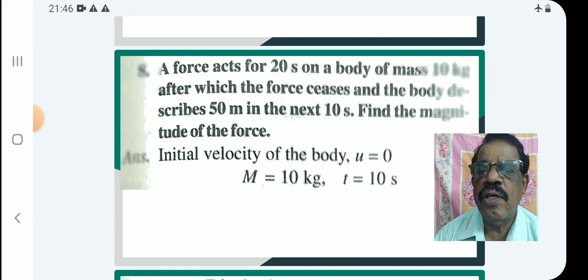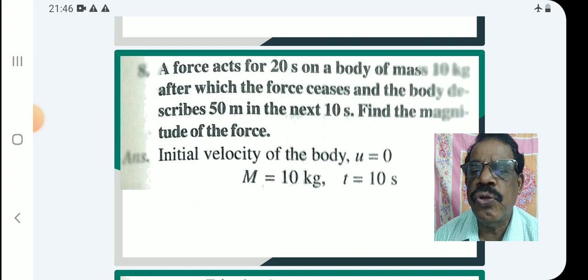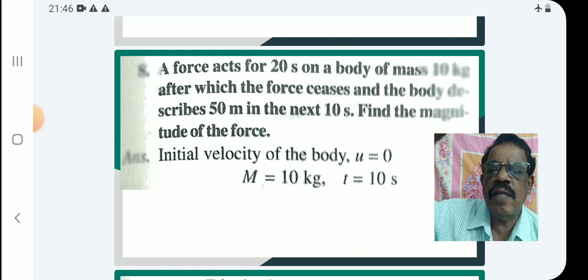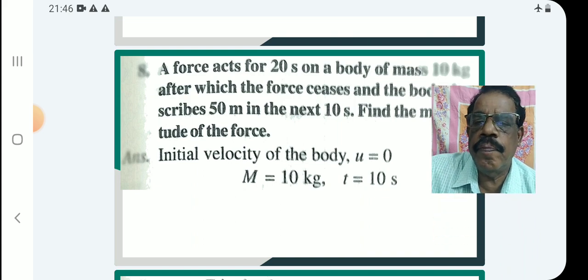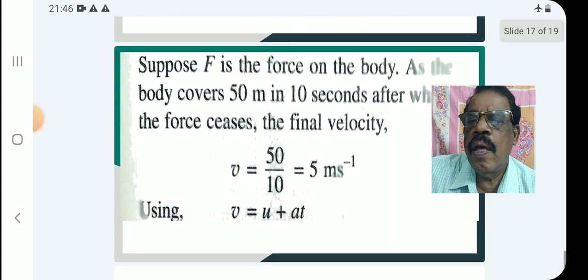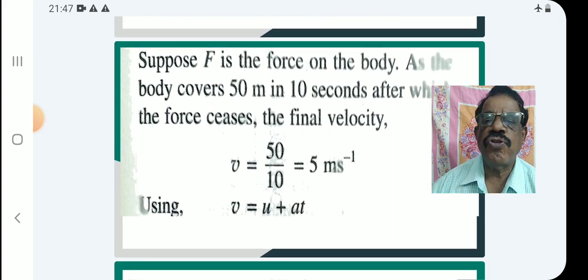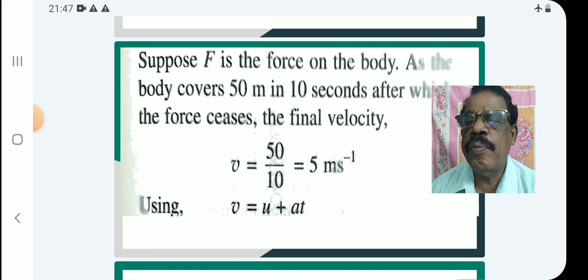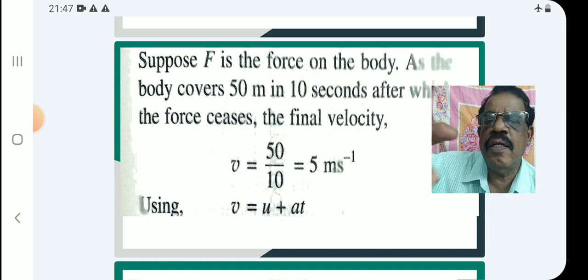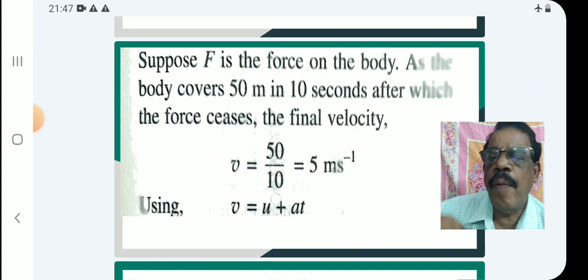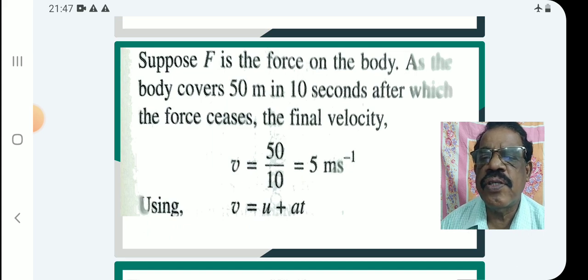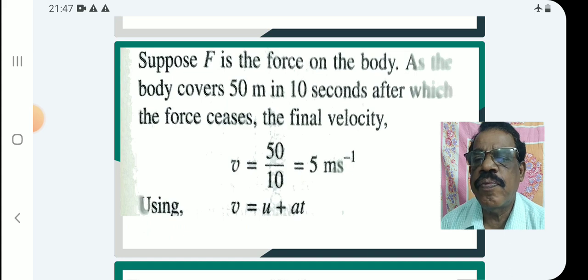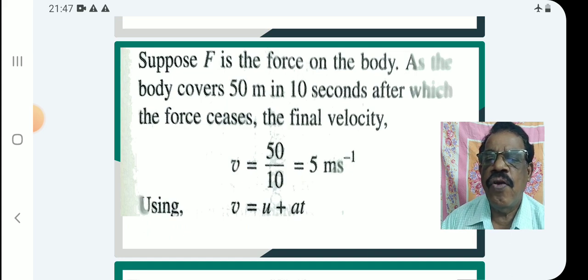Initial velocity of the body u is equal to 0. Mass m is 10 kilogram, t is 10 seconds. Suppose F is the force acting on the body. As the body covers 50 meter in 10 seconds, after which the force ceases, the final velocity is s by t, 50 by 10, 5 meter per second.